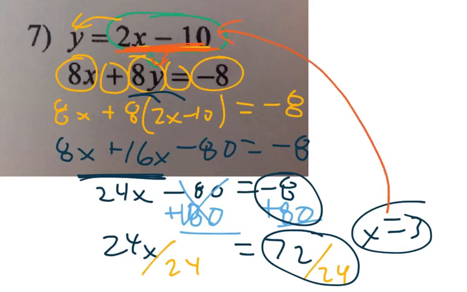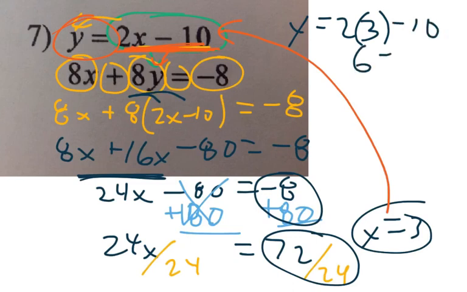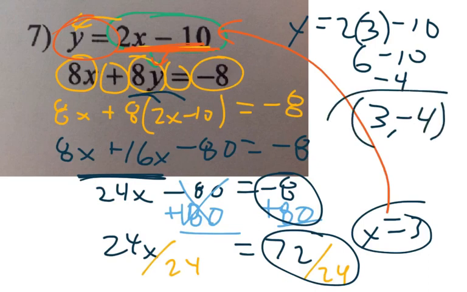Now I'm going to use the first equation, guys, because it's already y equals. Okay, so I have y equals 2 times x, which we now know is 3, minus 10. 2 times 3 is 6, minus 10 is negative 4. So my final answer is x is 3, y is negative 4.